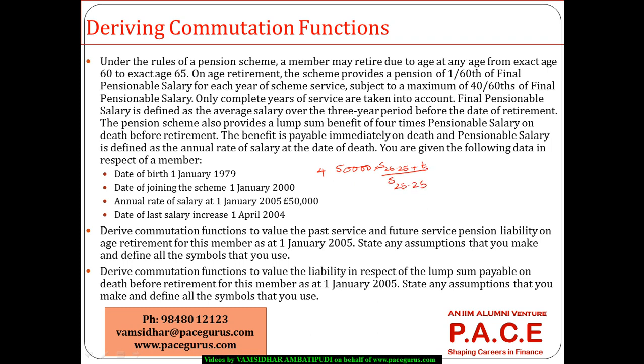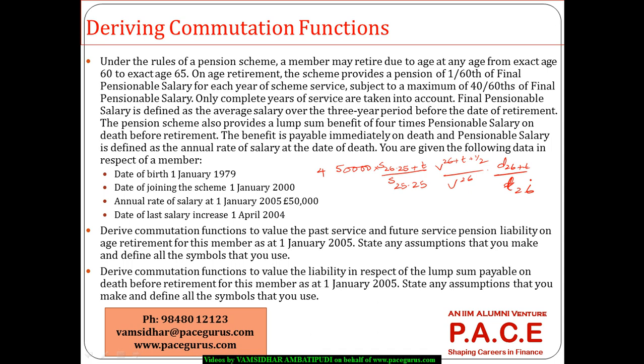So this is his salary when he is dying during the period of T, S 26 plus T plus half, and the same has to be discounted by V power 26 plus T plus half divided by V power 26. The probability of death is D26 plus T by L26.